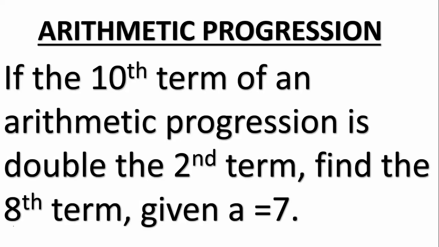So now we have the 10th term equal to 2 times the second term, while a is equal to 7, which is the first term. Now find the 8th term.